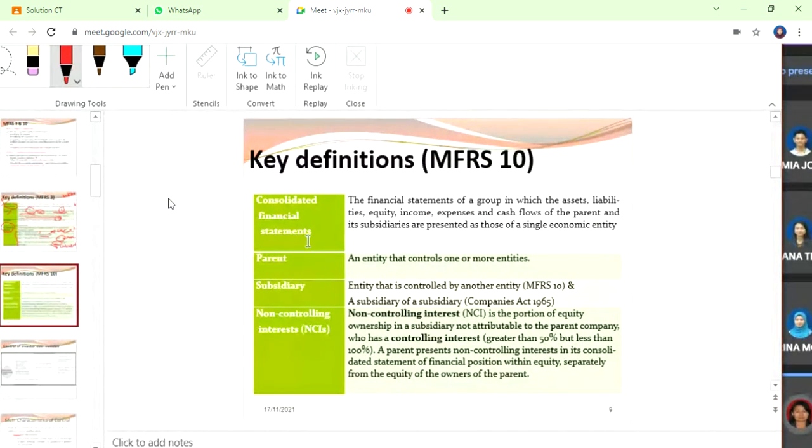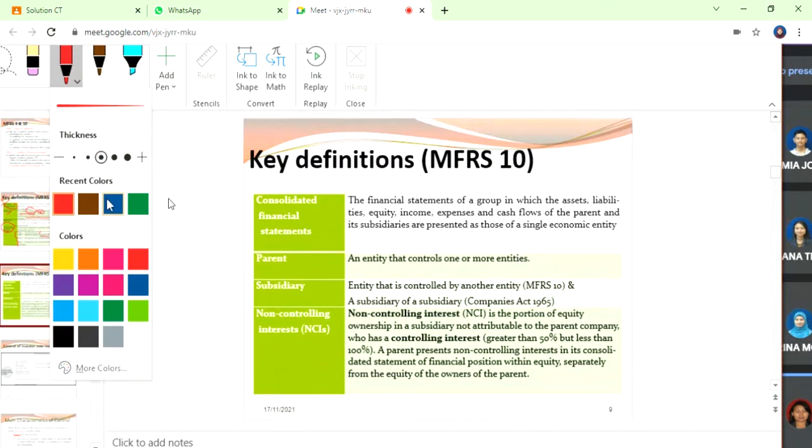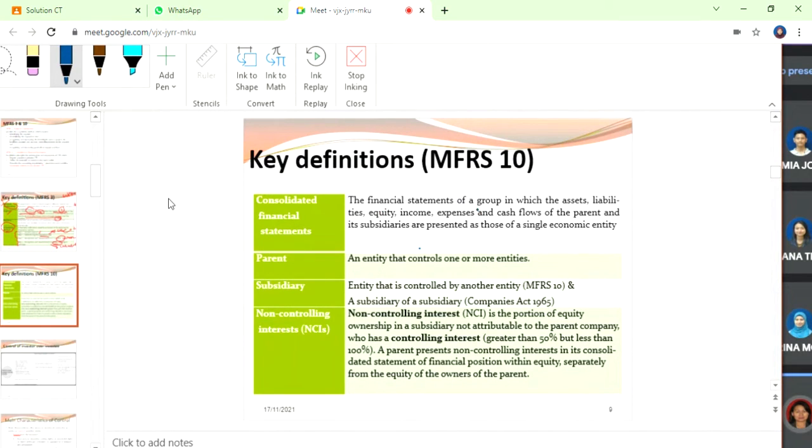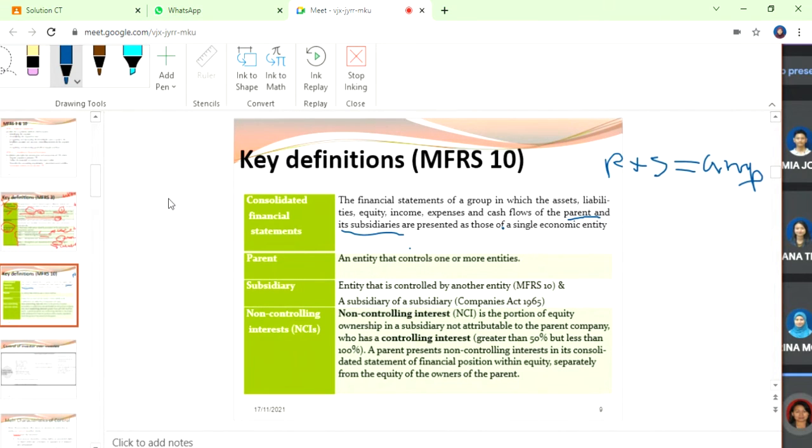And then you need to know what the consolidated financial statements are. Consolidated financial statements refer to the financial statements of a group in which the assets, the liabilities, the equity, the income, expenses, and cash flows of the parent and its subsidiaries are presented as those of a single economic entity.